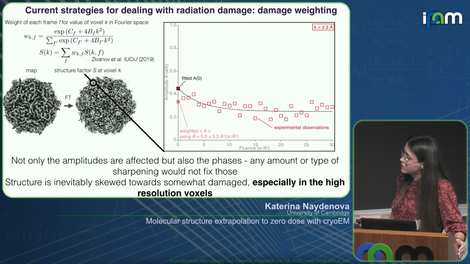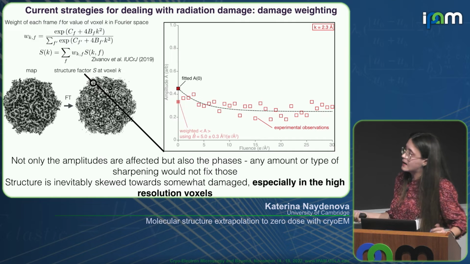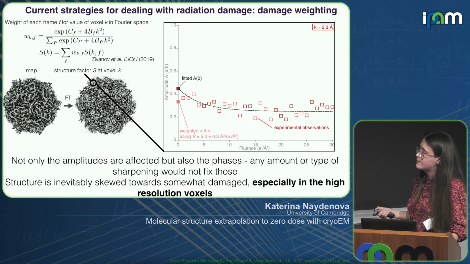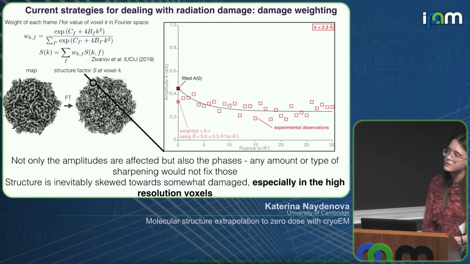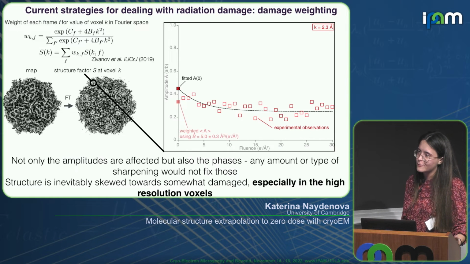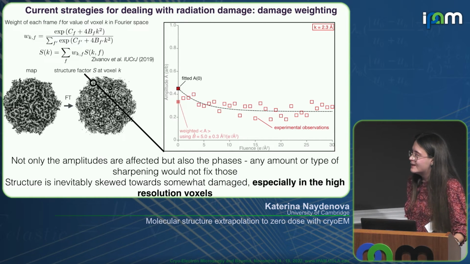So in essence, what all the traditional damage weighting algorithms do now is this over here, this red square, and we propose a new algorithm which, using motion-free data, can instead calculate this, the actual structure factors at zero fluence. This plot is just for the amplitude of a structure factor, and you could say we don't really worry about the amplitude because we're going to sharpen the map anyway, so we're going to adjust all the amplitudes.